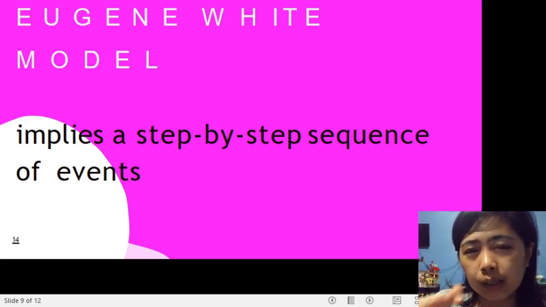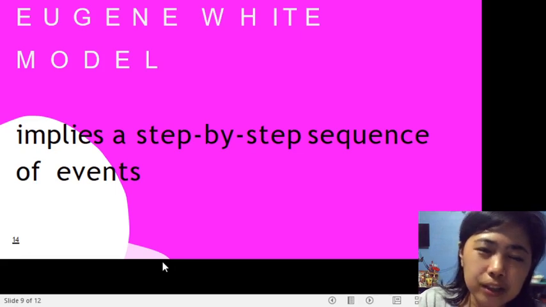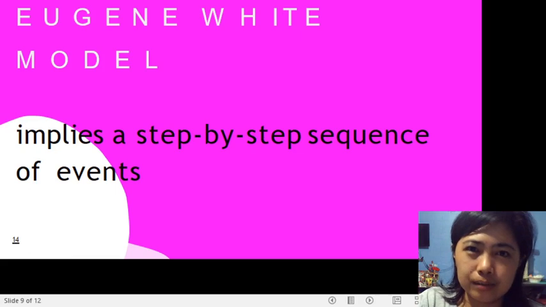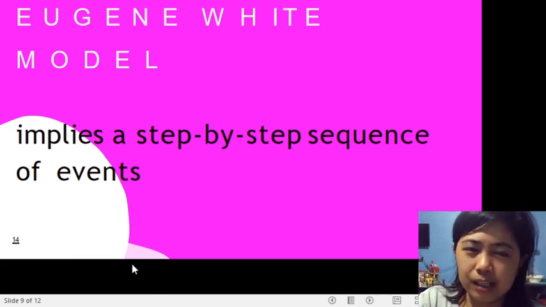Okay, so the Eugene White model is the connection, or related to the previous one, which is the Aristotle model. From here, the audience as the receiver is a passive reactor. Why? Because they don't initiate communication.